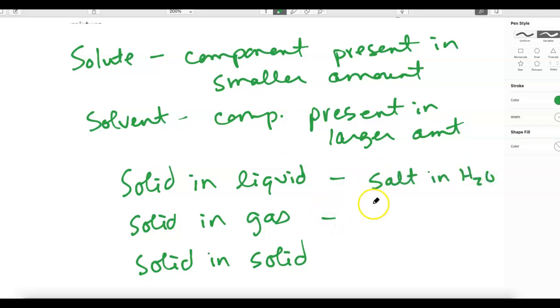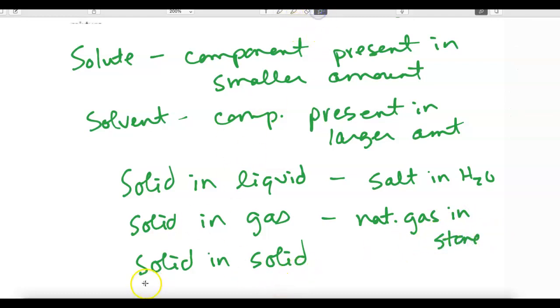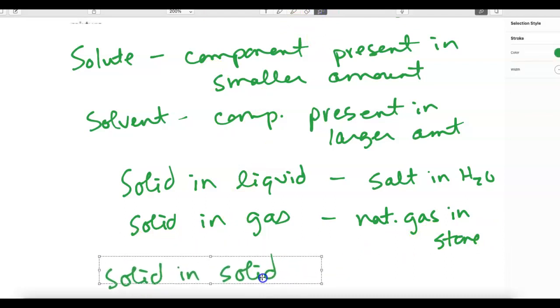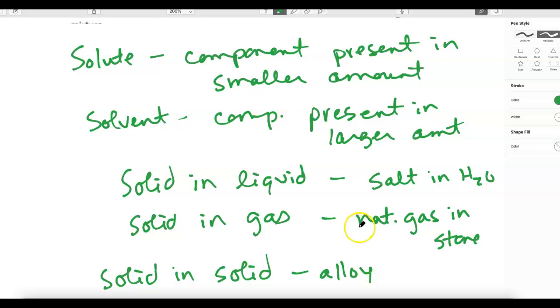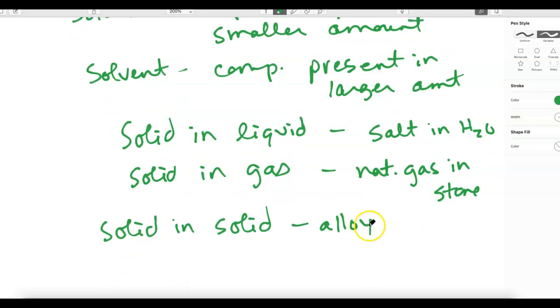Solid in a gas, that's like natural gas in native stone, so just in the ground. And then the solid in a solid, that's what an alloy is. So something like brass, that's a combination, a solution of two different metals together.